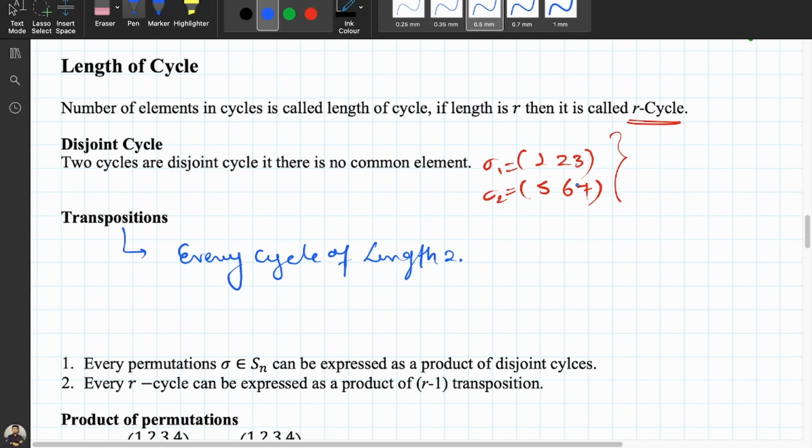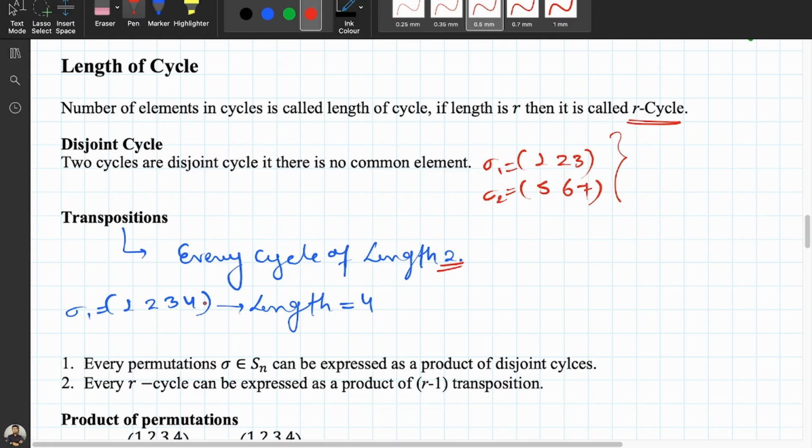Now what is the meaning of this? If you have any cycle, for example (1, 2, 3, 4), this is my cycle of length 4, say sigma 1. Any permutation cycle you have, you can express in terms of transpositions, which are cycles of length 2.